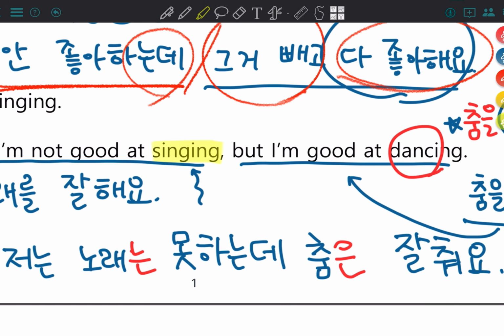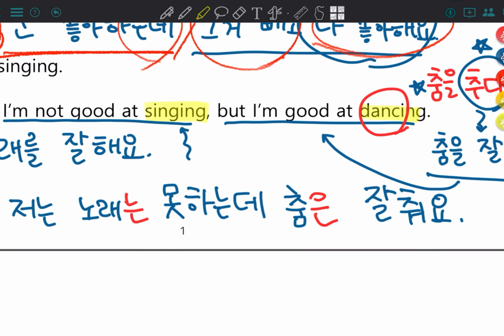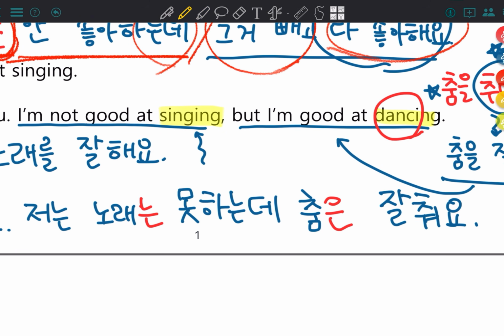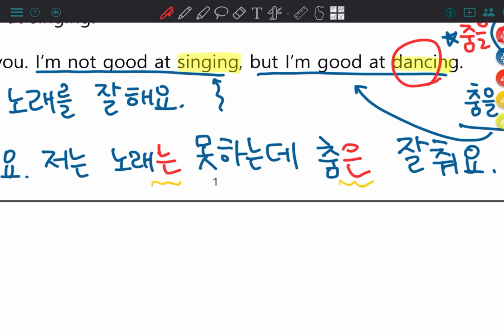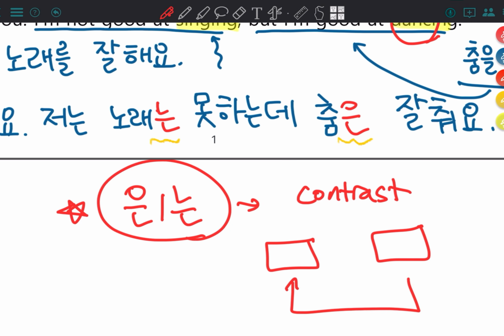So singing and dancing, which are supposed to be objects in a sentence, are marked with the topic marker, right? And the reason is, just like we learned in the advanced lesson for the subject marking particle, 은/는 also has a function of marking the nouns that are in contrast.